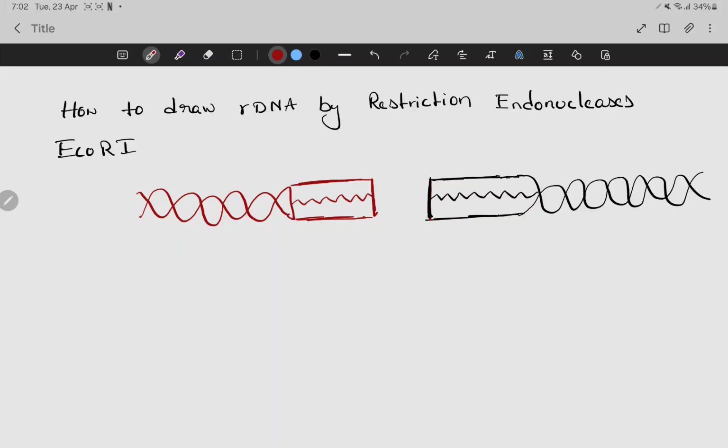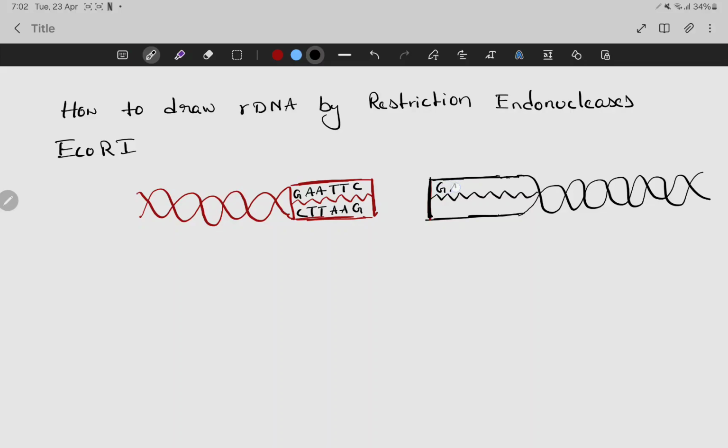So we already know this restriction endonuclease will particularly see the palindromic sequence. GAATTC.